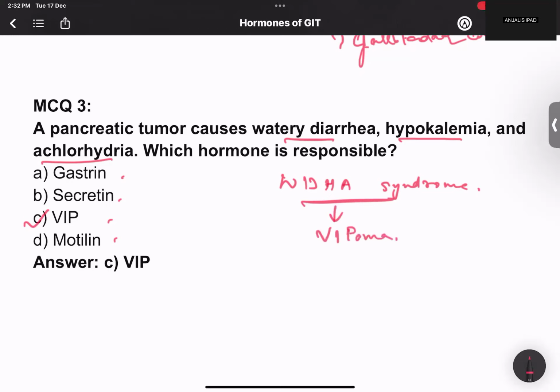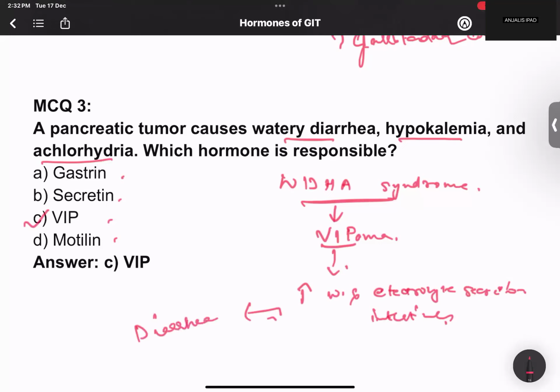Here VIP will increase water and electrolyte secretion in the intestine, and this will lead to diarrhea.